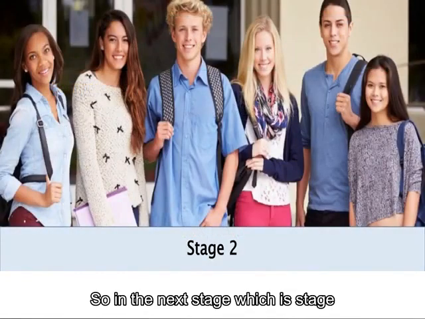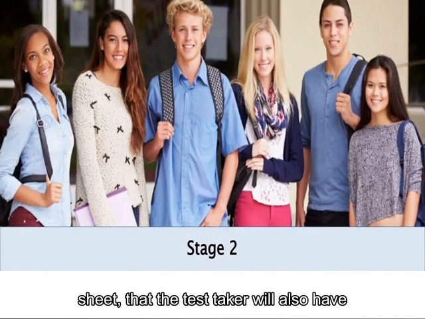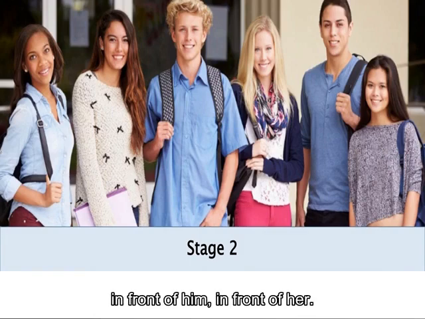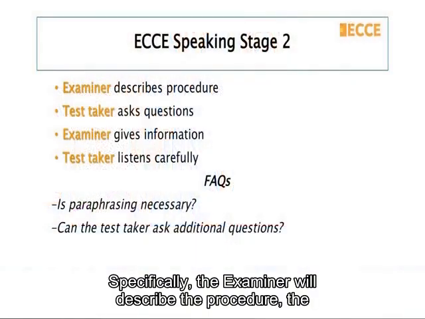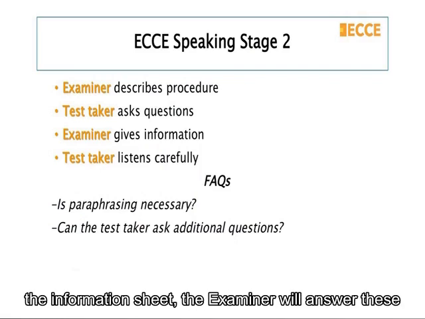So in the next stage, which is stage 2, the examiner will refer to the information sheet that the test taker will also have in front of him, in front of her. Specifically, the examiner will describe the procedure. The test taker will ask questions that appear on the information sheet.